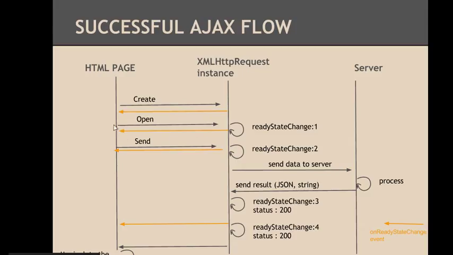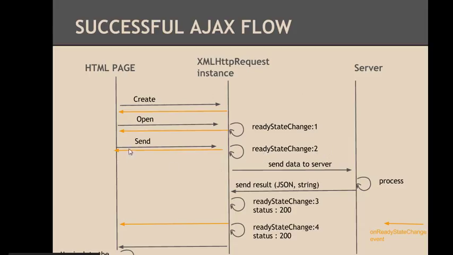Whenever there is an orange line, an event is bubbled to the HTML page, and you can manipulate the HTML page accordingly. For instance, you may say that we have started to process your request, something like that. After that, we'll send the data from the HTML page via JavaScript, and in this case, ready state changes to 2.